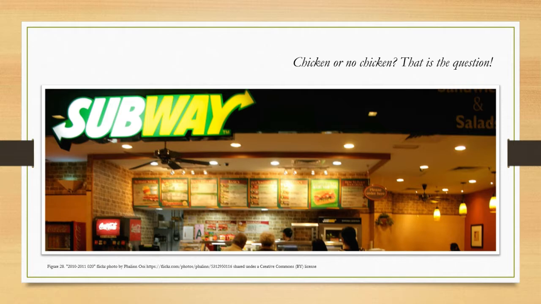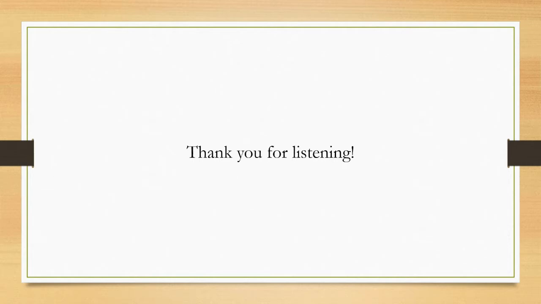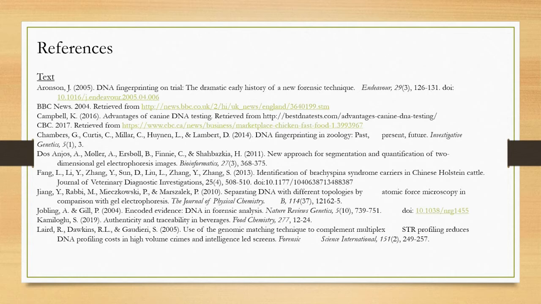Even though I've looked in all sorts of databases, I could not find reliable evidence to sustain this. Even so, this shows us the importance that DNA fingerprinting could have in today's market.